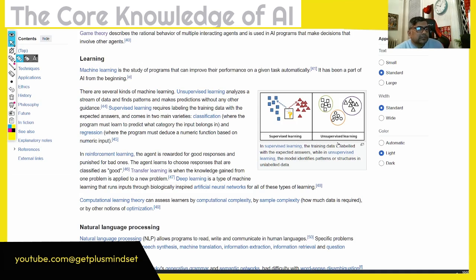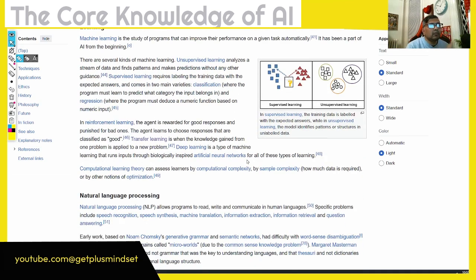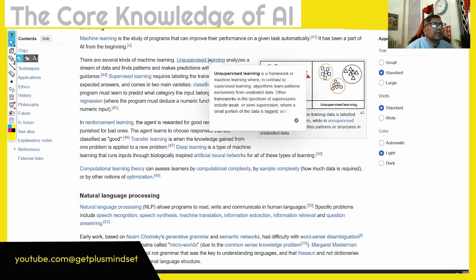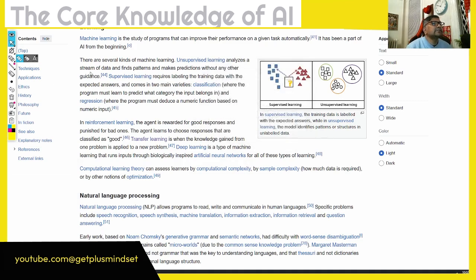When AI started about 40 years ago, that was a cold period of AI, and now, after 2022, it is a boom of AI. Supervised learning analyzes the stream of data and finds patterns and similarities in the data, so it is basically helpful for prediction.